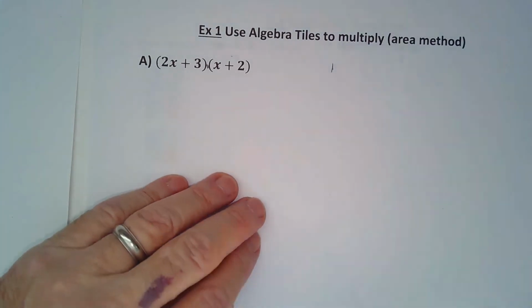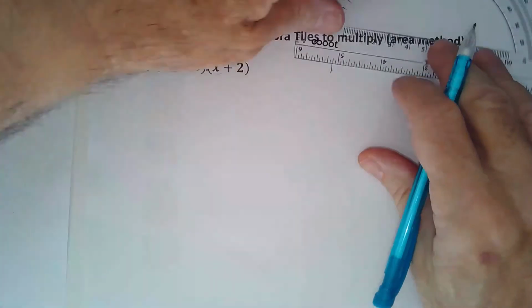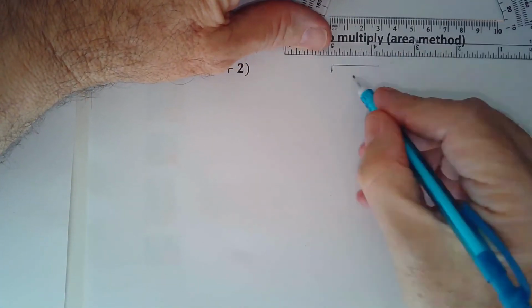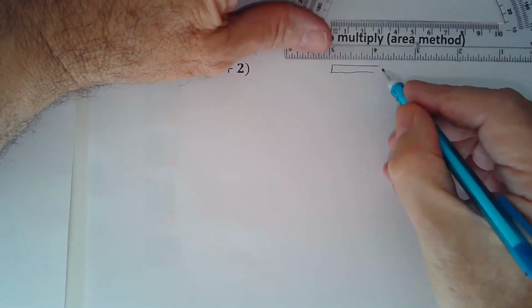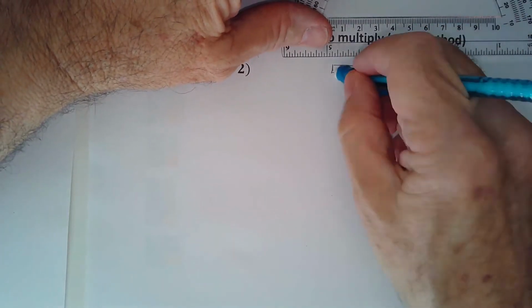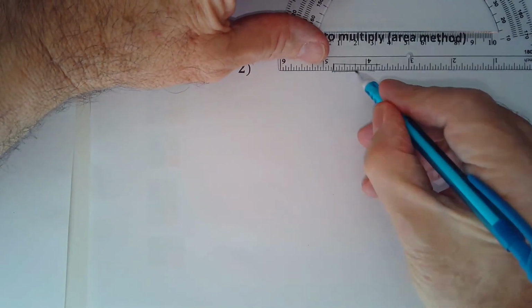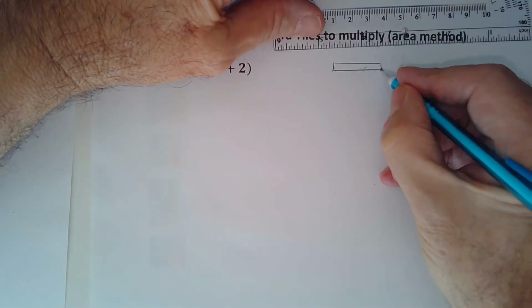So the tiles are going to look kind of like this. I'm going to just sort of quickly come up with a tile here. And I'm not really worried too much about the actual length of it. I'm just coming up with something that looks sort of like this.